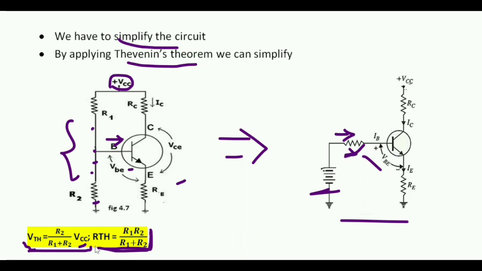We can replace this base resistor with Thevenin's resistor, that is RTH, and the voltage drop across R2 is nothing but VTH, that is Thevenin's voltage. This is a simple circuit, and we can analyze the other things, that is the KVL equations and stability factor from this circuit, because this is just the simplification of this circuit.